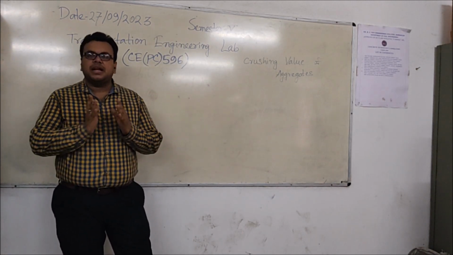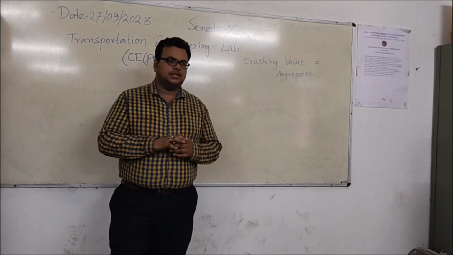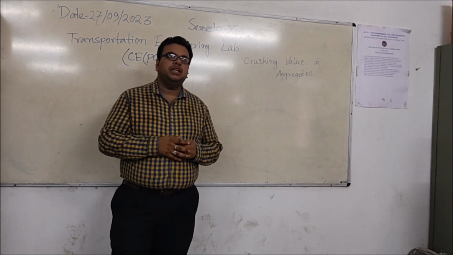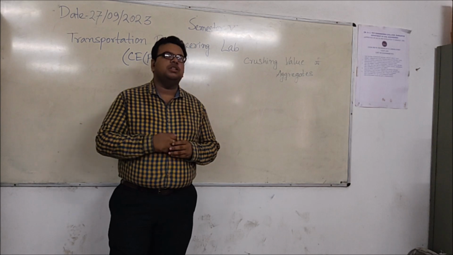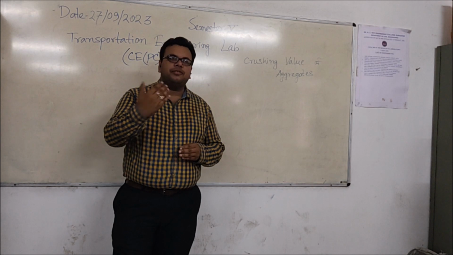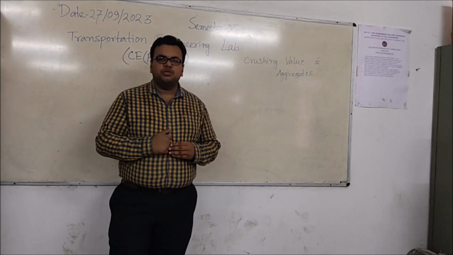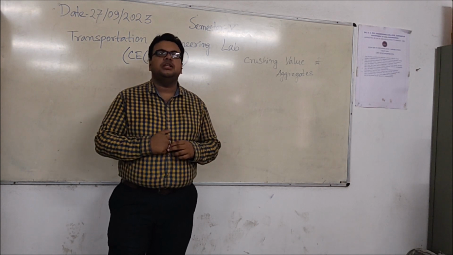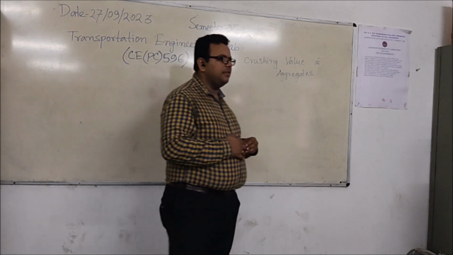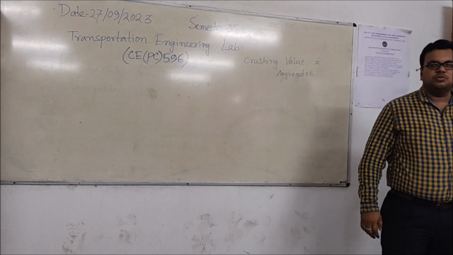Then we will fill that mold in 3 layers with the help of a tamping rod, where each layer will be tamped with 25 blows. After preparing that mold, we will use one instrument on which the load will be applied.